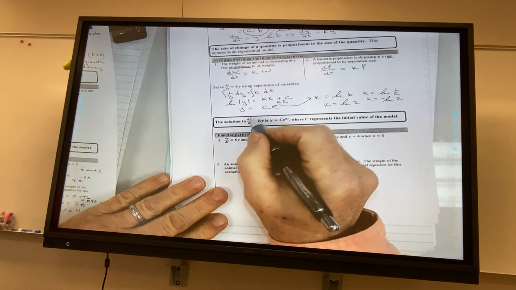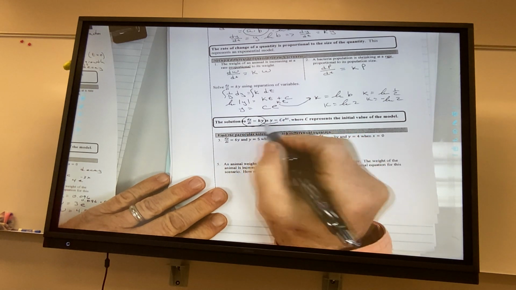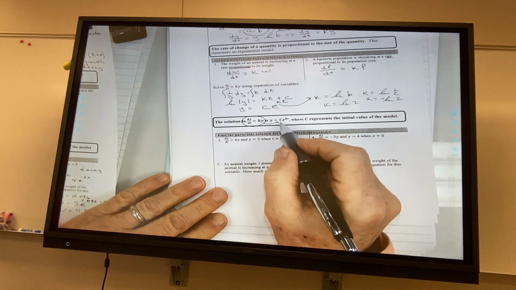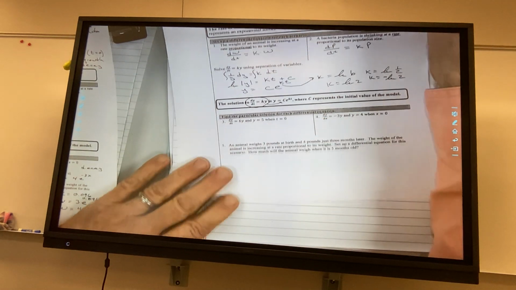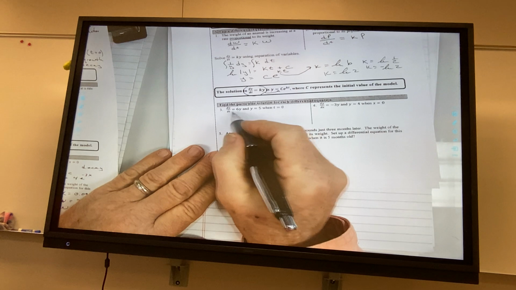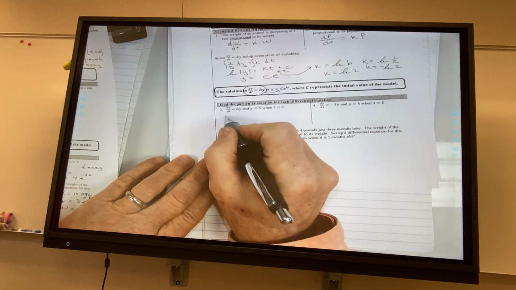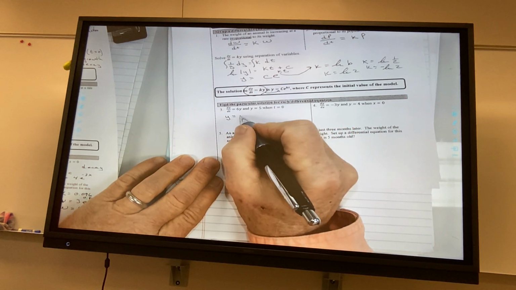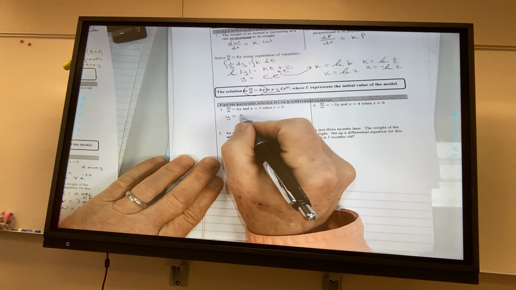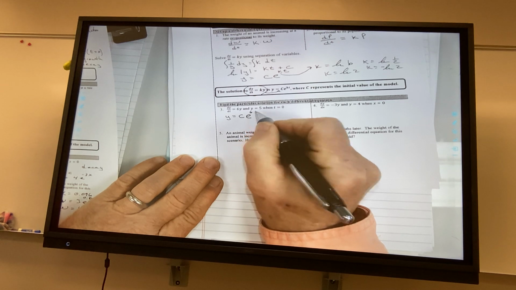And so, if you see this, this differential equation will automatically give us this exponential function. So you see these, like this one right here. This one will be y equals c e to the 6t power.